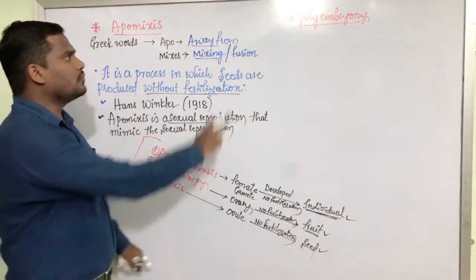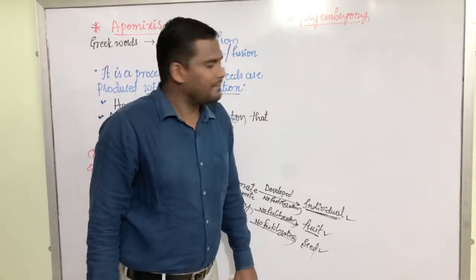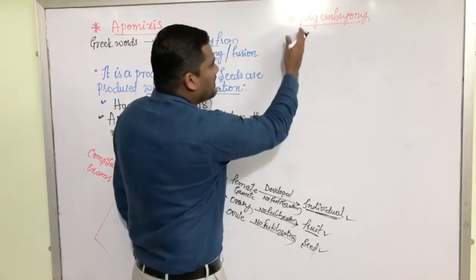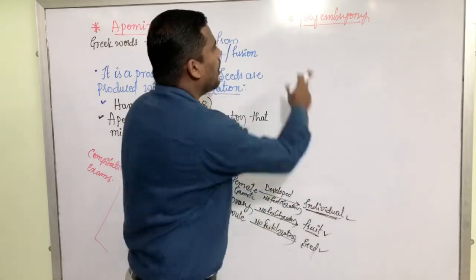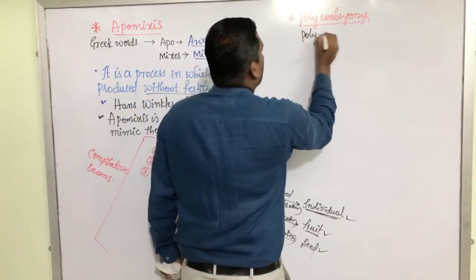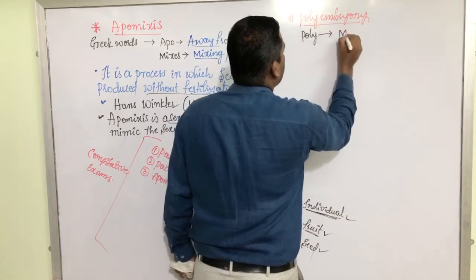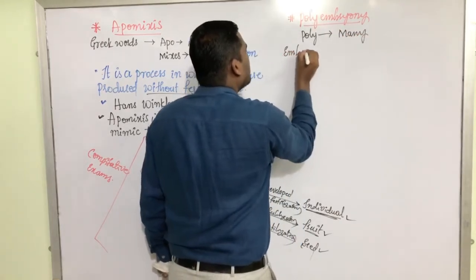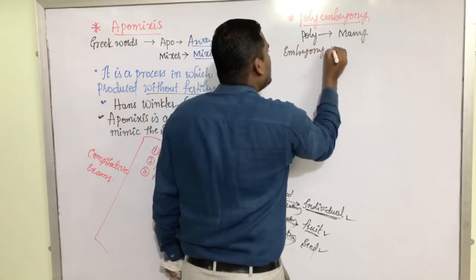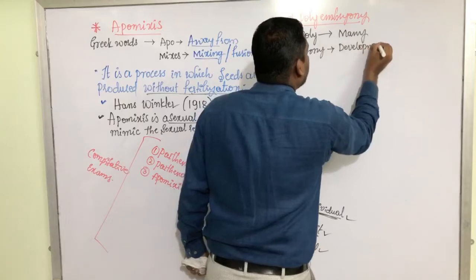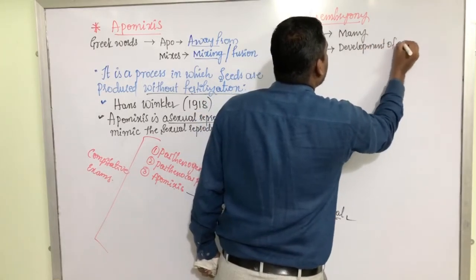Now, let us move to the last concept of this chapter, polyembryony. As the name itself gives the meaning, poly means many. Embryony means development of embryo.